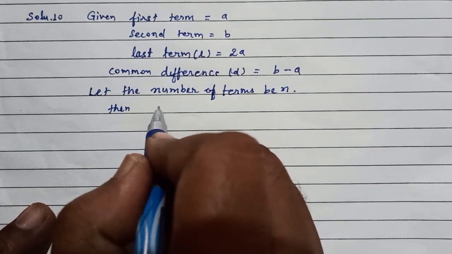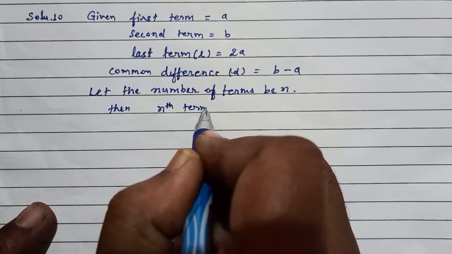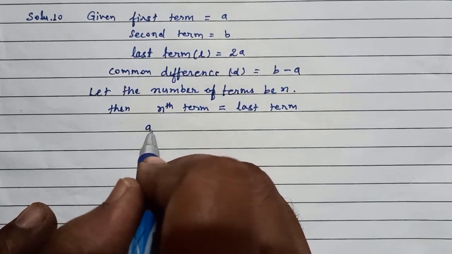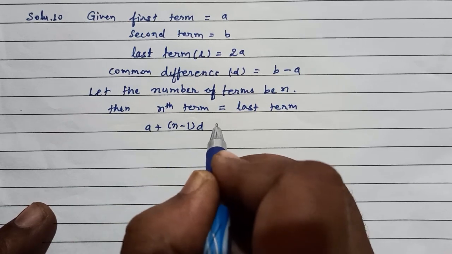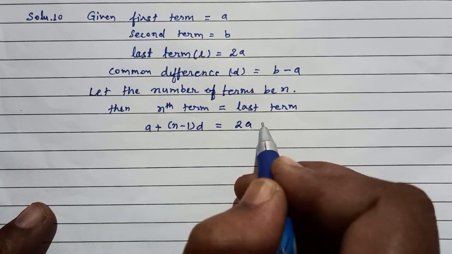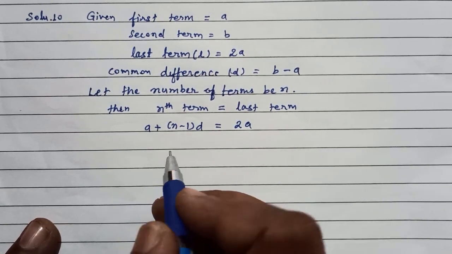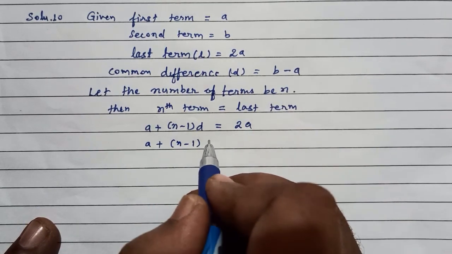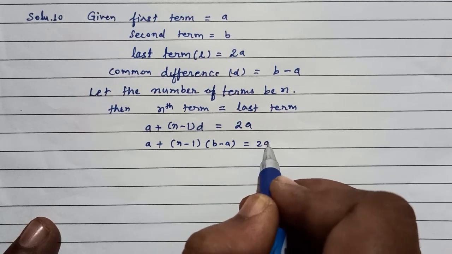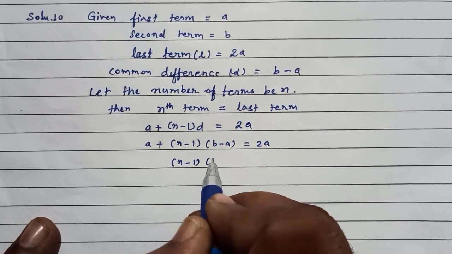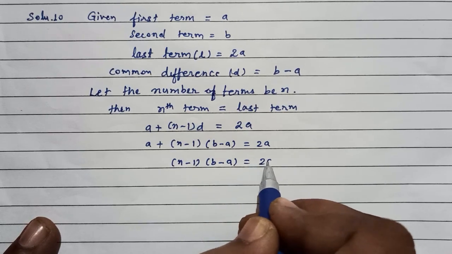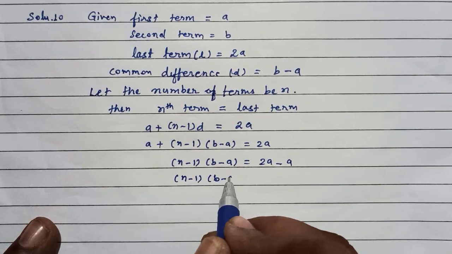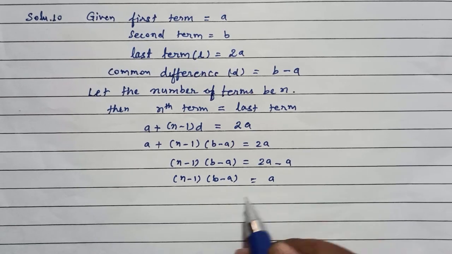Then nth term equal to last term. a plus n minus 1 into d equal to 2a. a plus n minus 1 into the value of d, b minus a, equal to 2a. n minus 1 into b minus a equals 2a, a transposed to the right side. n minus 1 into b minus a equal to a.